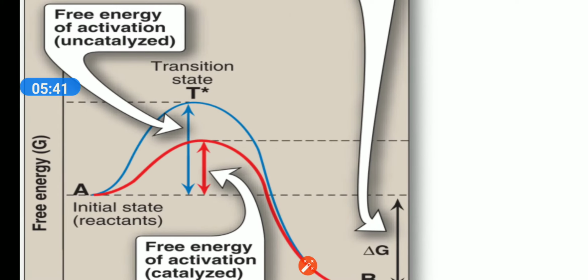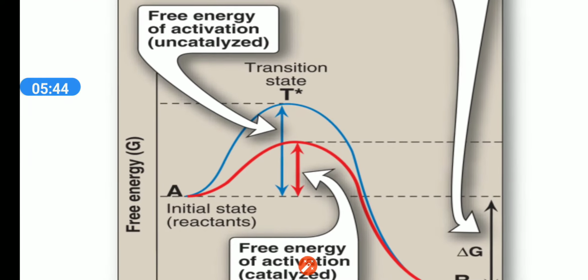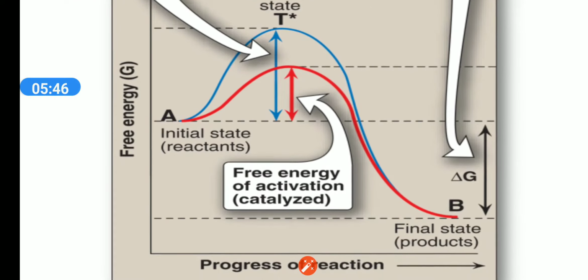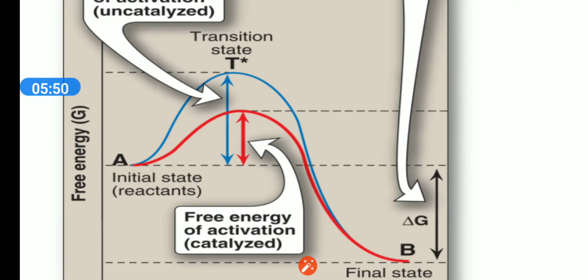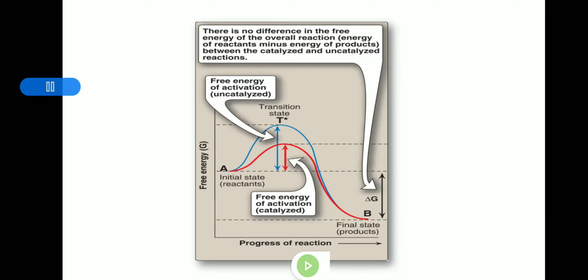If we consider A being converted into B, without enzymes you can appreciate the blue line, and with enzyme you can appreciate the red line. It decreases the activation energy, and how it does it we will see in our future lectures.